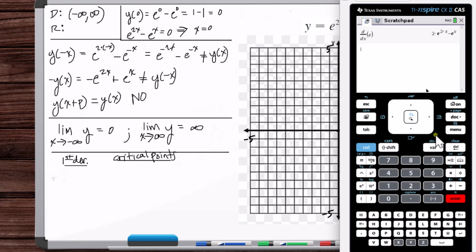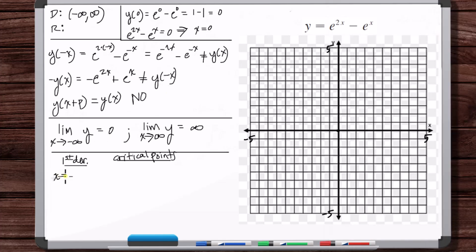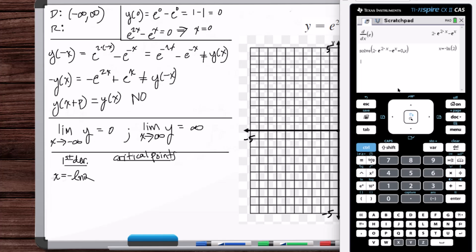That exists everywhere, but let's solve for where this equals 0. x equals minus natural log of 2. And that's it. Again, this exists. There's nowhere where this won't exist.